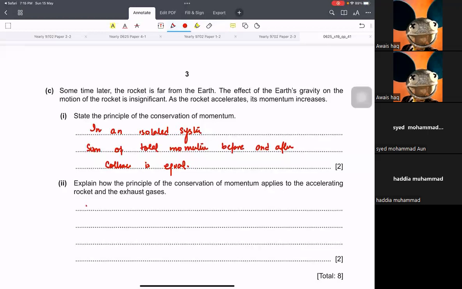So we can say the rocket gains upward momentum.